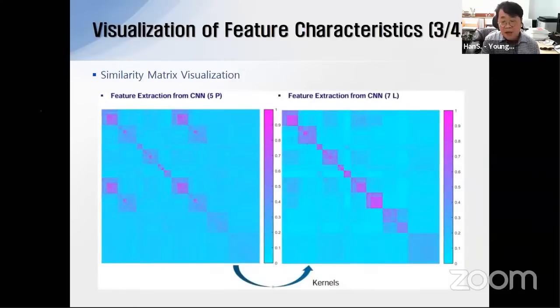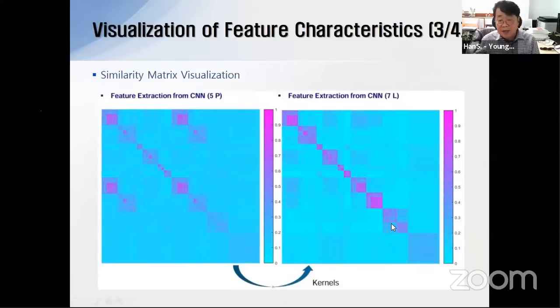surprisingly, I applied the feature extraction from the CNN, the 5th pooling layer and the 7th layer. In these features, I make the self-similarity matrix. The boundary of each object category is clearer than the conventional approach.